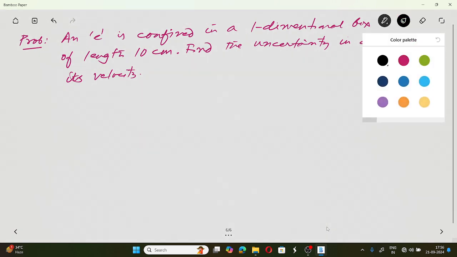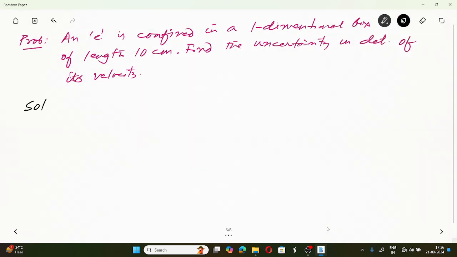Questionটা দেখো ভালো করে. Please look at the question carefully. Say an electron is confined in a one-dimensional box whose length is 10 centimeter. So this is the uncertainty in the determination of position, 10 centimeter. Okay.